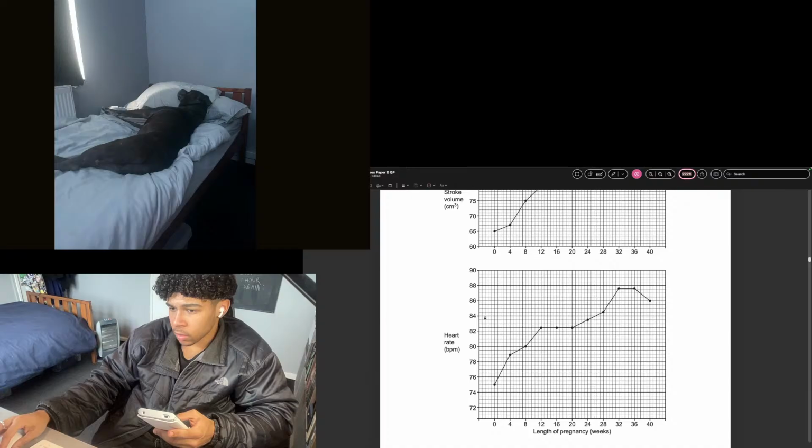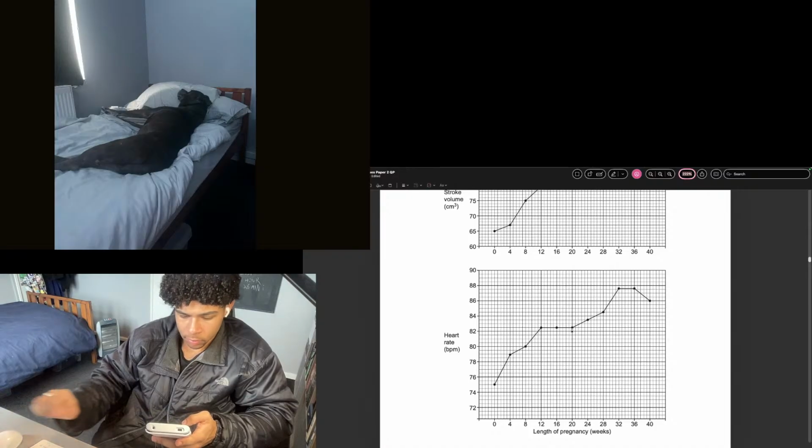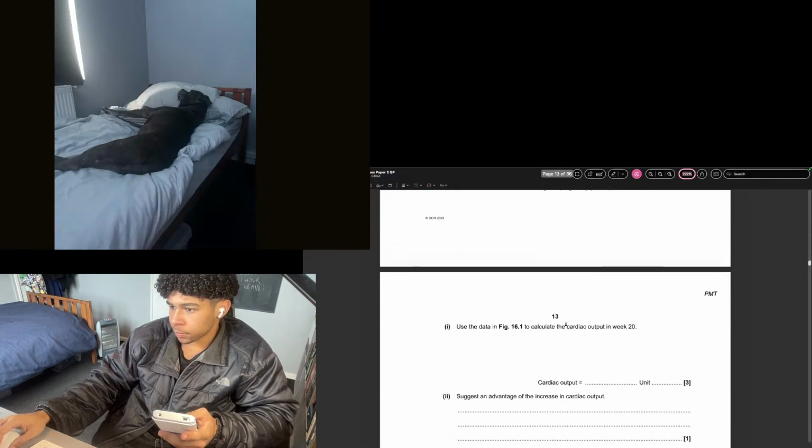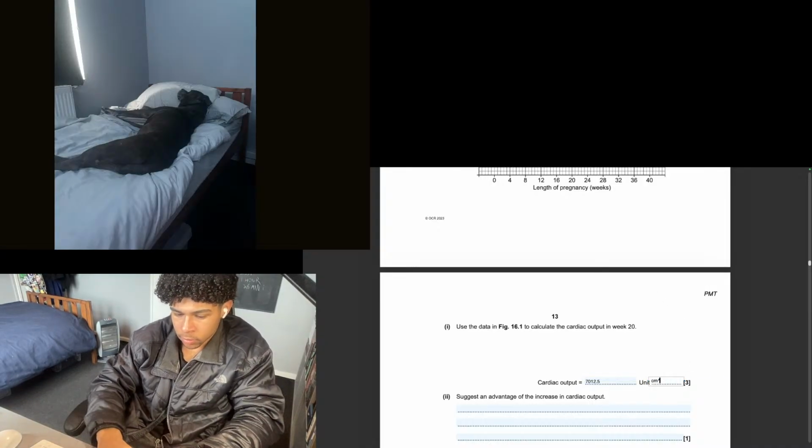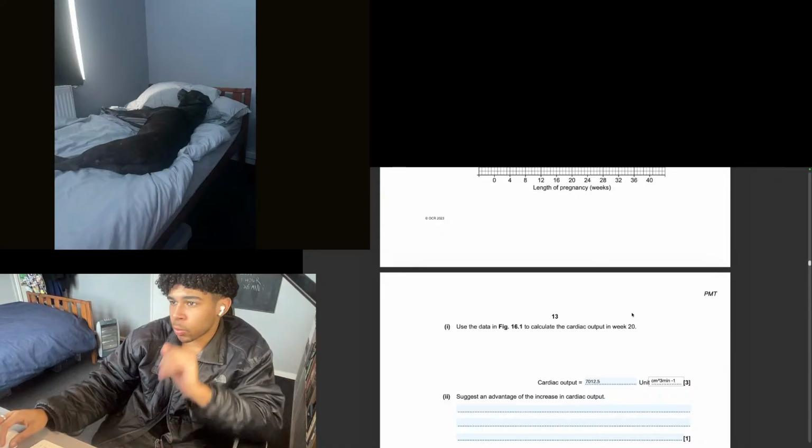Okay. 80. Okay. What I would put then is 712.5 centimeter to the power of 3 per min to the minus 1.